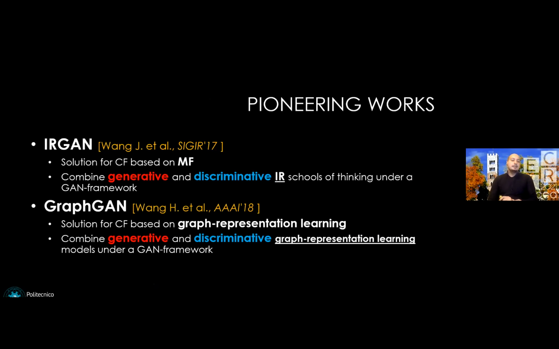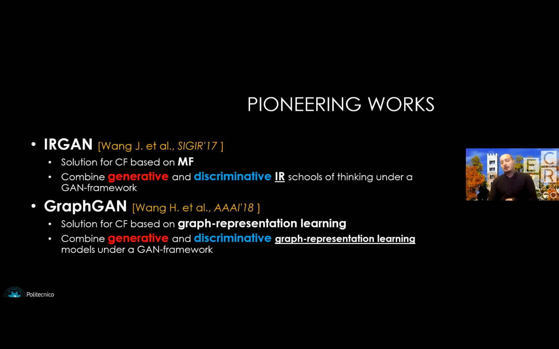Before examining the security application of GANs for recommendation, I need to introduce how we can produce recommendations using GANs. We can start with some pioneer works, such as IRGAN and GraphGAN, proposed in 2017 and 2018, respectively.